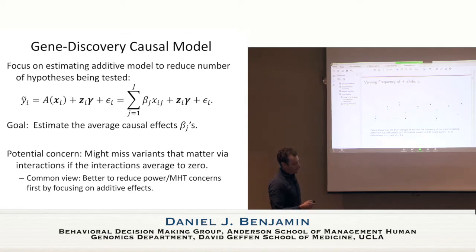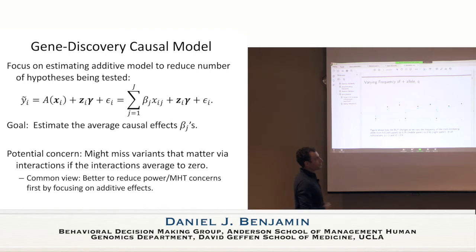So even if there are dominance deviations in much of the genome, the additive model is going to capture most of the variance, including variance that's due to dominance effects.